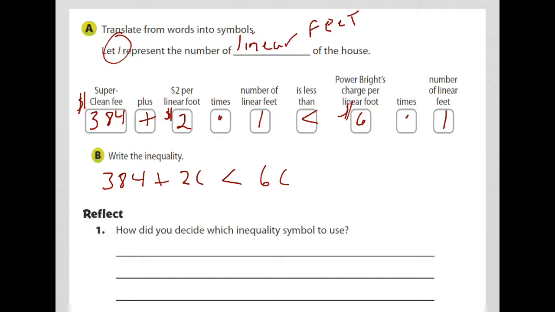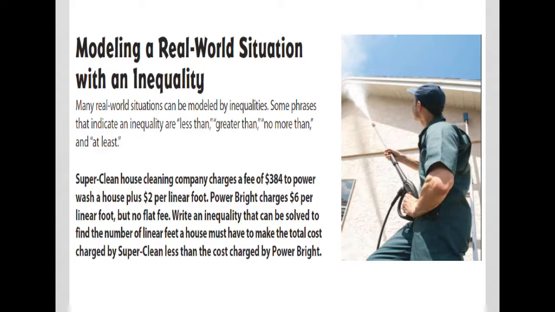Now, we have it, and that asks us just to write the inequality. Now it asks us, how did you decide which inequality symbol to use? Well, if we go back to the problem, it says, how will we make the total cost charged by SuperClean, and it says less than.